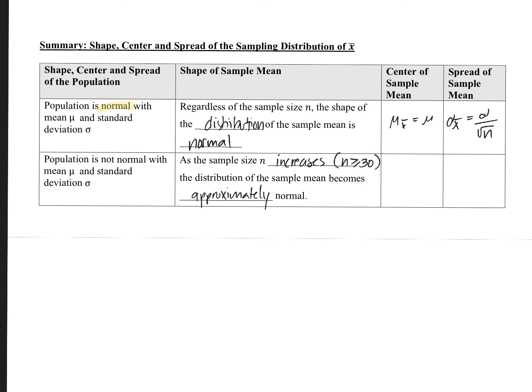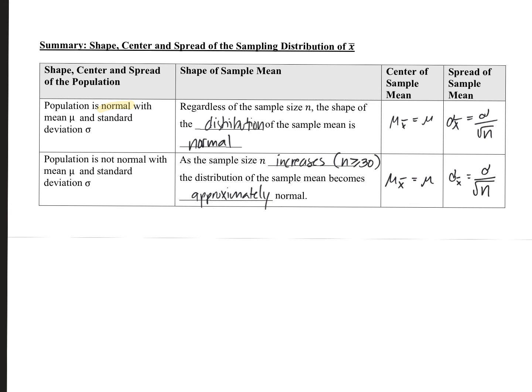And once it's approximately normal, we can use the formulas for the normal curve. So we have mean of x bar equal to mu, and sigma of x bar equal to sigma divided by the square root of n.